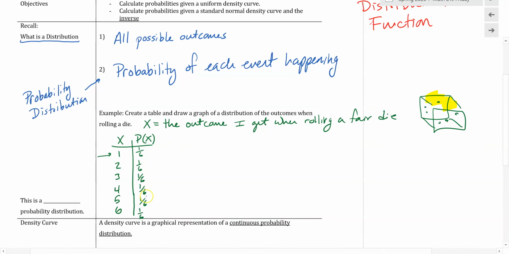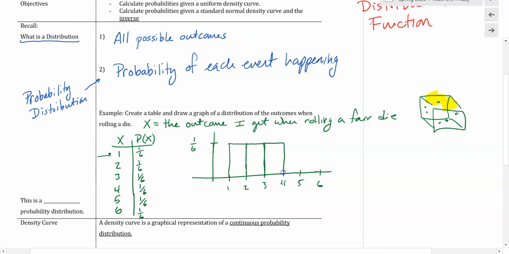And if I were to graph this probability distribution, if I were to list out all my outcomes and write down the probability of each event occurring, if I create a little histogram showing the relative frequency, which is just the probability, what I end up getting is a uniform distribution in this case.